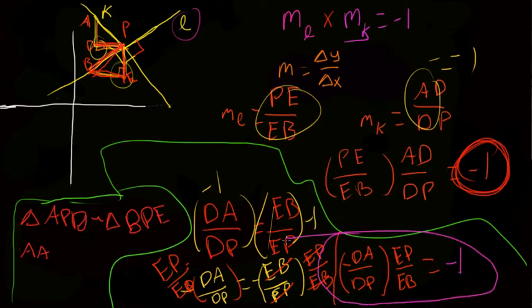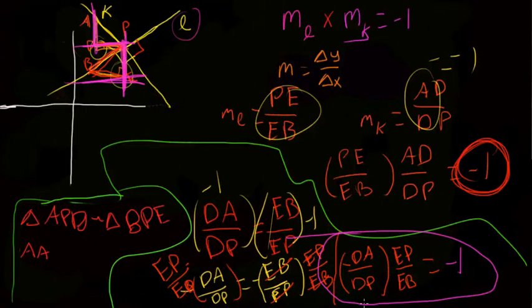And that's exactly what we wanted to prove: EP over EB is change in y over change in x, and DA over DP is change in x over... change in y over change in x, and multiplying them together gives -1. That's our generalization proof of the basic theory of perpendicular lines.